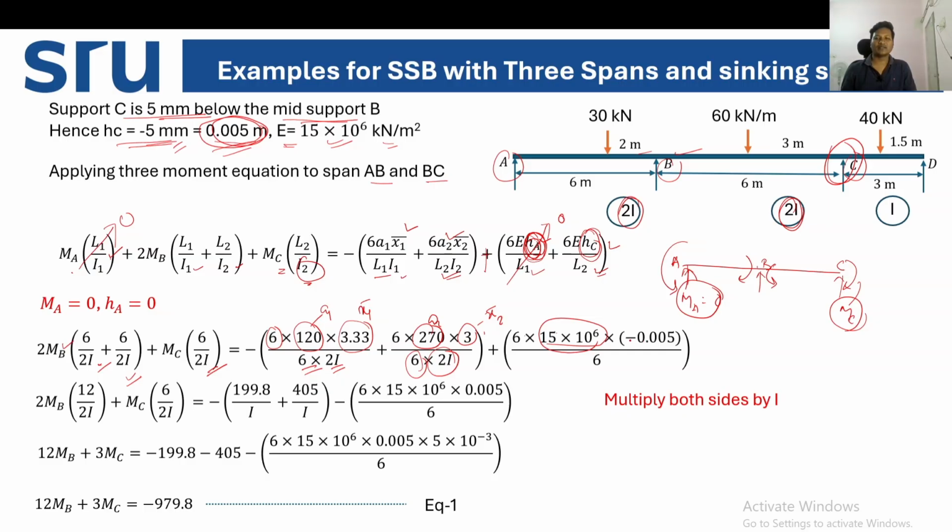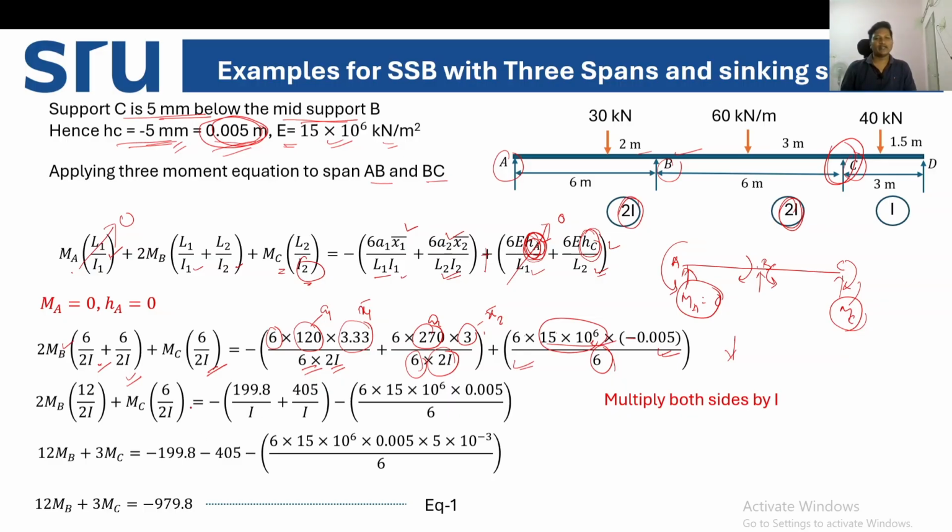The minus sign is given because the settlement is downward. So minus 0.005 meter is the settlement, divided by L2. L2 is also 6 meter.